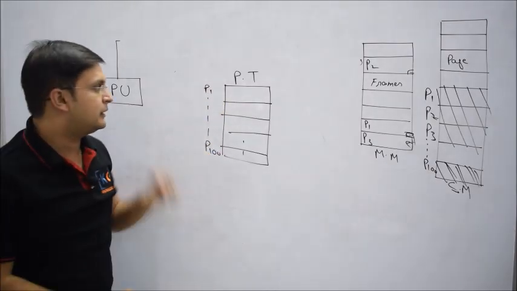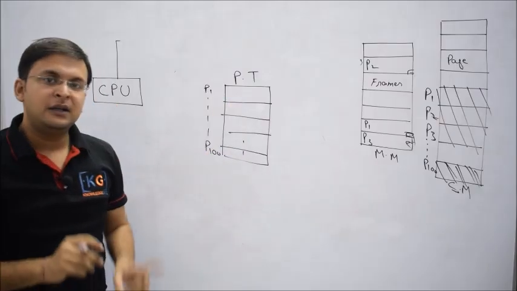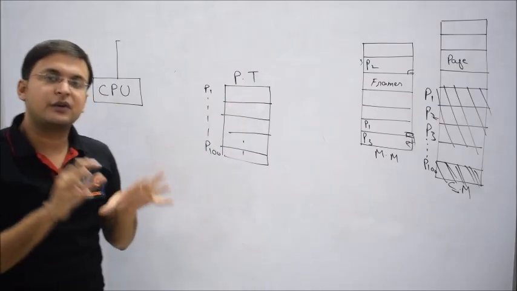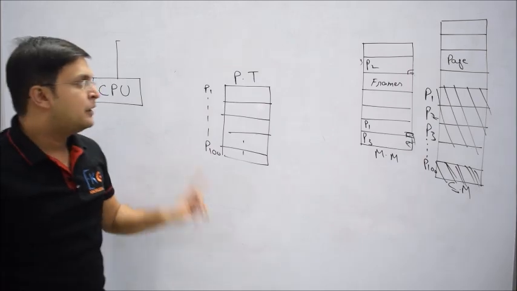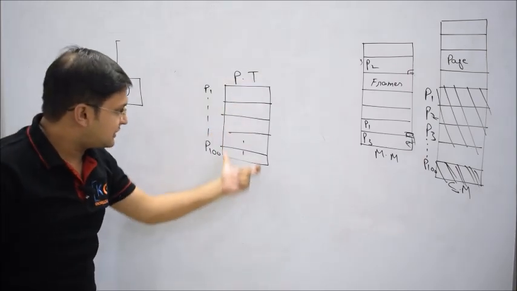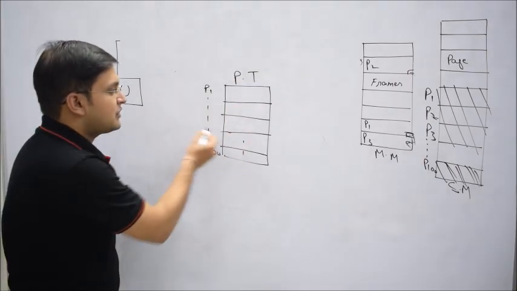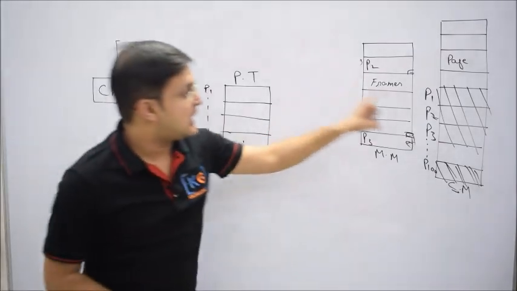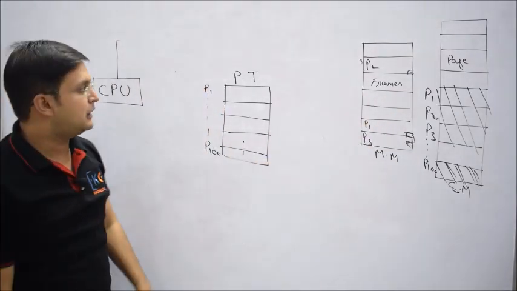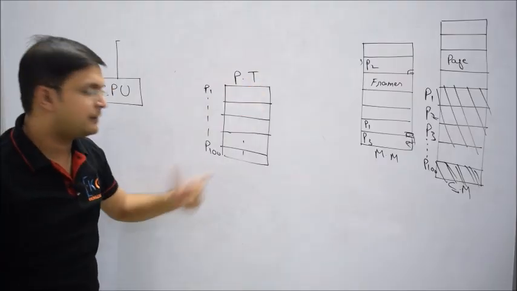Again remember one thing, that a page table is for a specific process, so every process has an independent page table. Point number 2, the number of cells or indexes or slots in the page table is the number of pages the process has in secondary memory. Okay, now why do I use this page table?